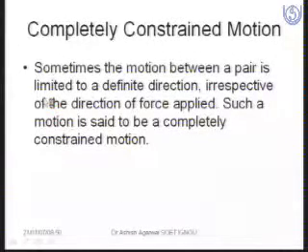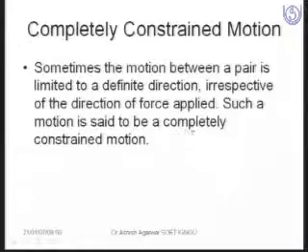Now there are different types of motions. The first motion is completely constrained motion. How will we define this? Sometimes the motion between a pair is limited to a definite direction, irrespective of the direction of the force applied. Such motion is completely constrained motion.